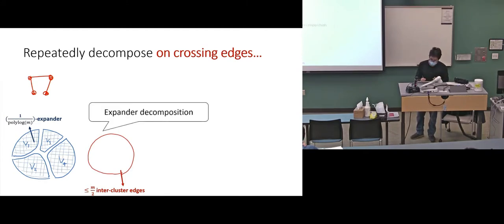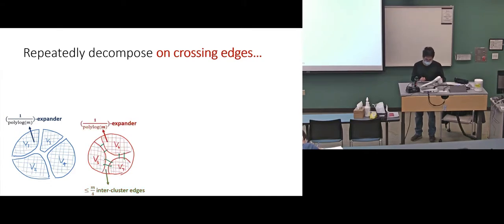Now, let's apply expander decomposition on this new graph. What you will get is some expanders induced only by red edges, and there will be intercluster edges between them, which is going to be half of the red edges, so m/4 now, right?